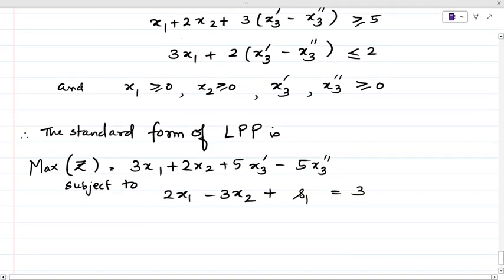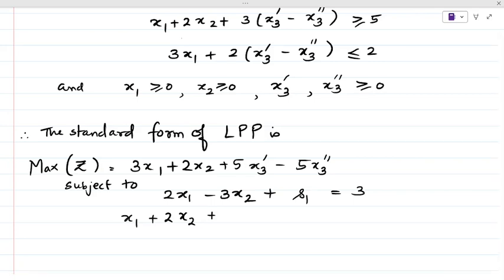The next one, because here the second inequality is greater than, so here it will be x1 plus 2x2 plus, now see this 3, I'll multiply it inside to each of the term, so it is 3x3 dash minus 3x3 double dash, and now greater than is there, so minus of s2 equal to 5.